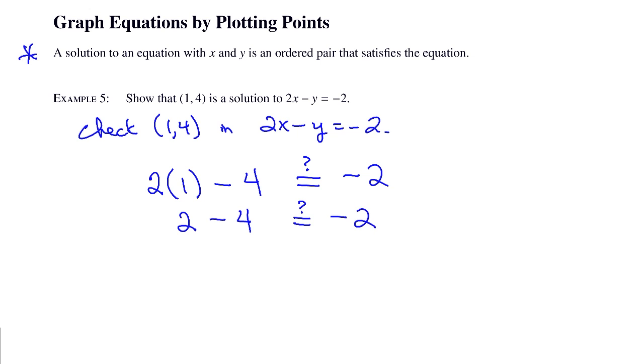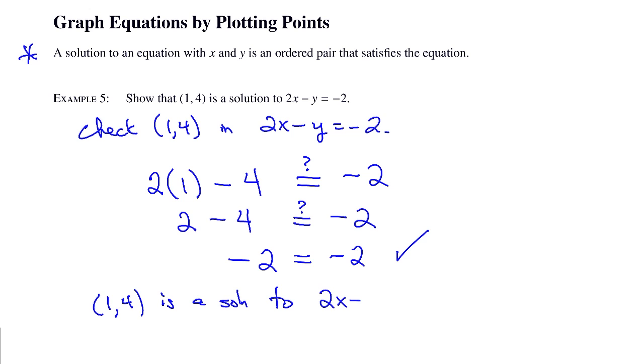And sure enough, 2 minus 4 is -2. That is equal to -2, so this one checks out. So (1, 4) is a solution to 2x minus y equals -2.